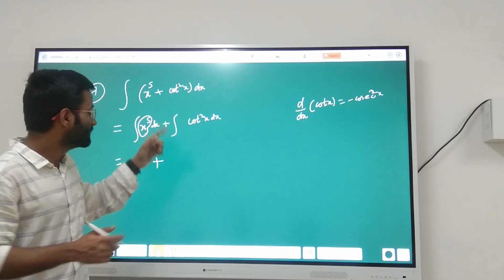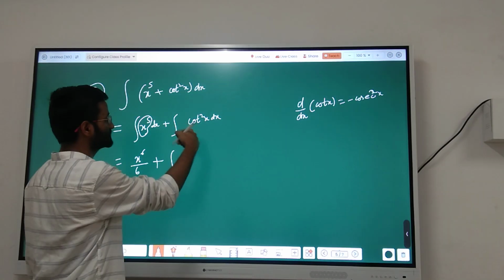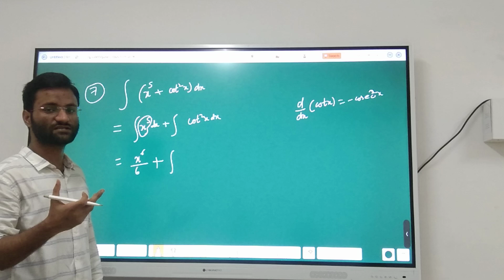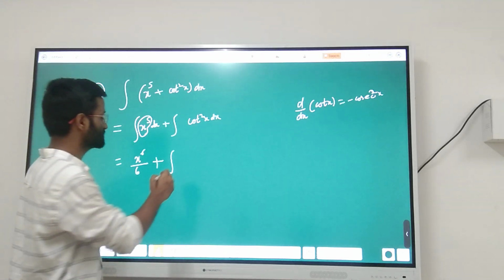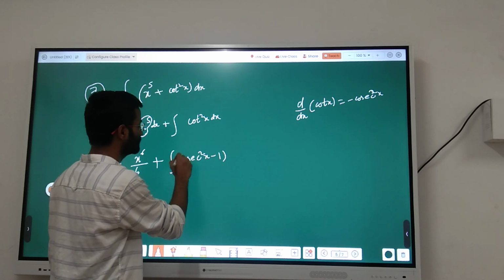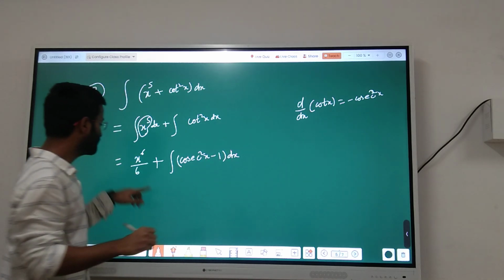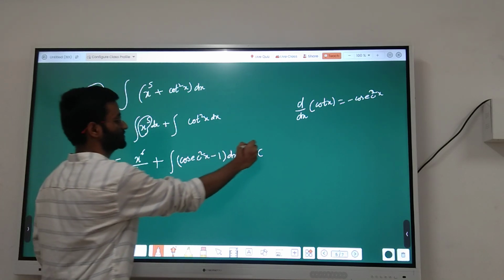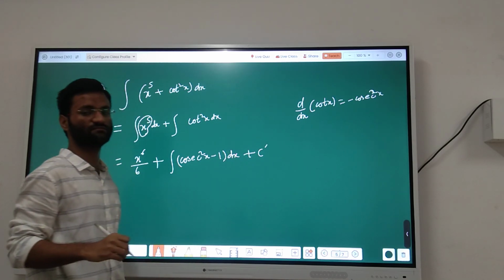So you can convert cot square x, in which we know that cosec square x minus cot square x is equal to 1. So this is going to be cosec square x minus 1 dx. We have integrated it, so another constant will come for this. That is an arbitrary constant; I am giving it the name c dash.